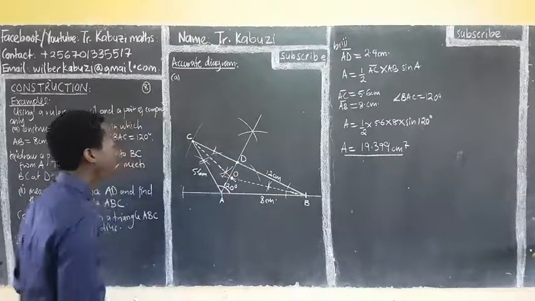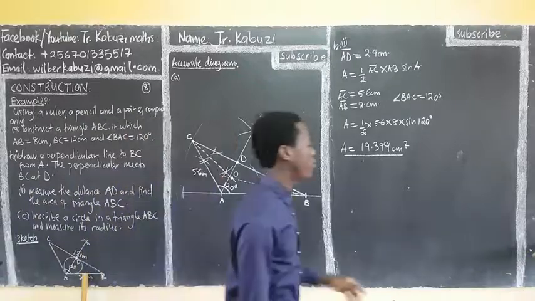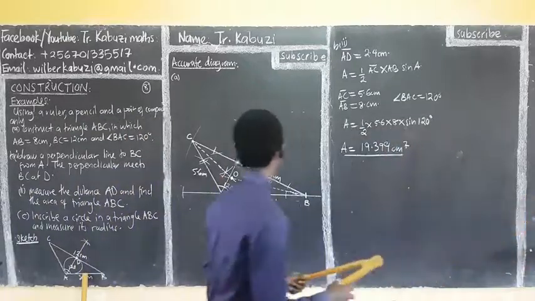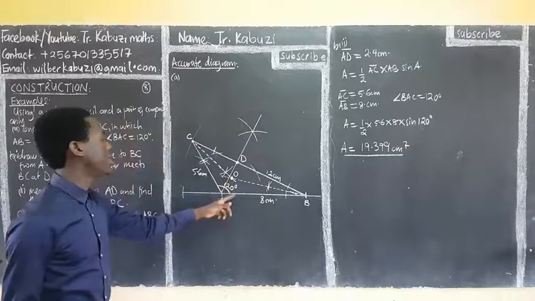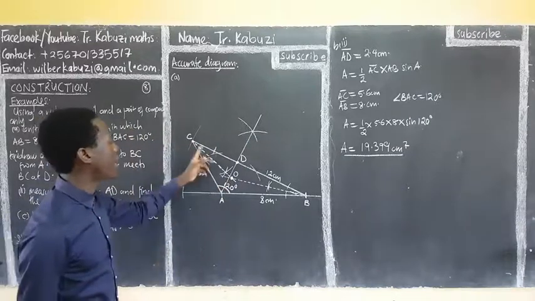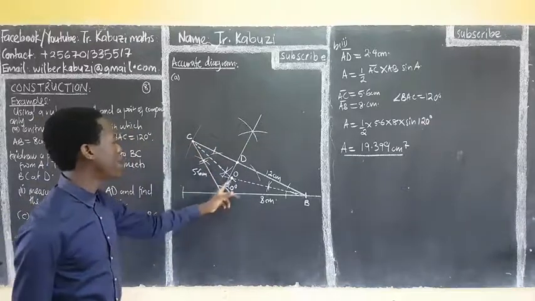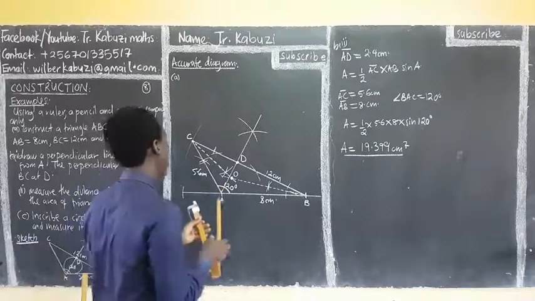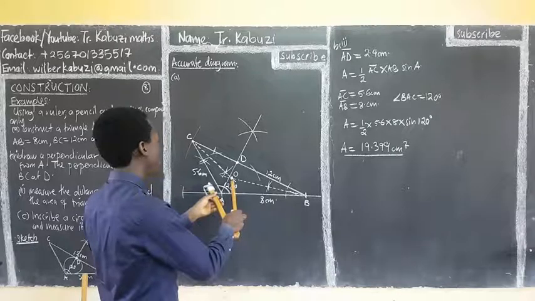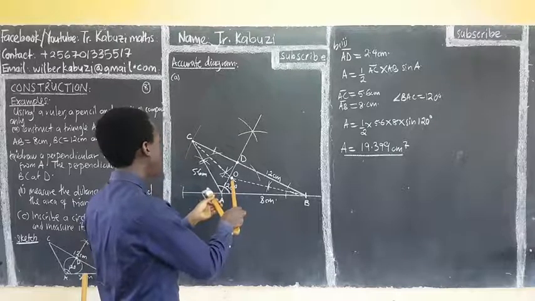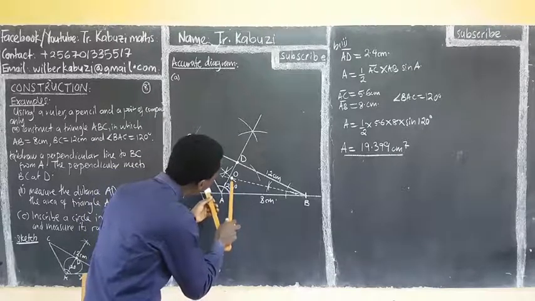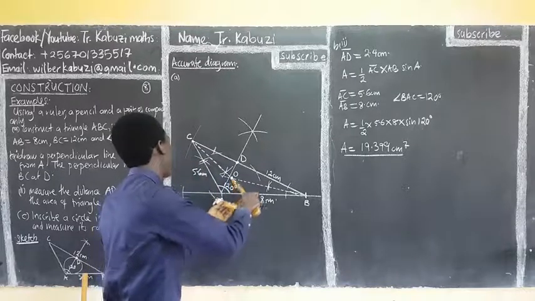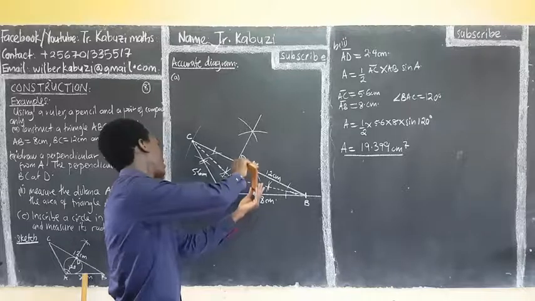From there, the only thing we are missing is to draw a perpendicular from this point to any of the sides, but it's easier to drop it to this lower side. From where those are meeting, I draw an arc there and another arc there.